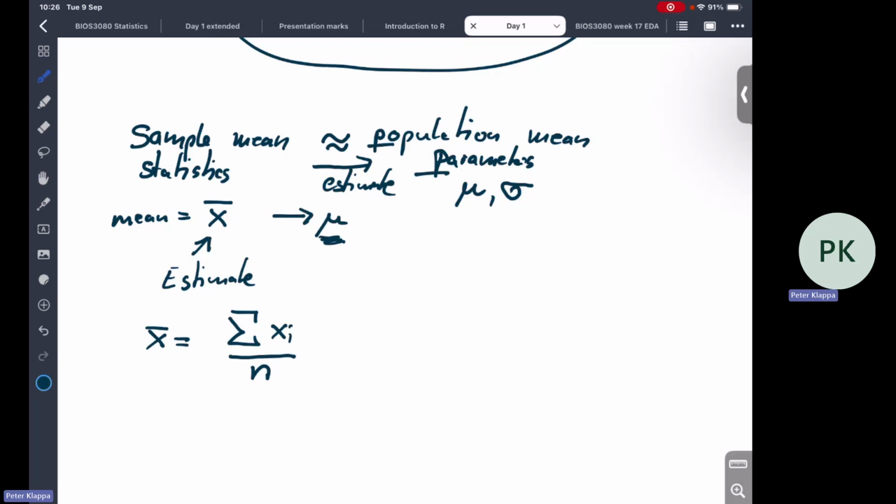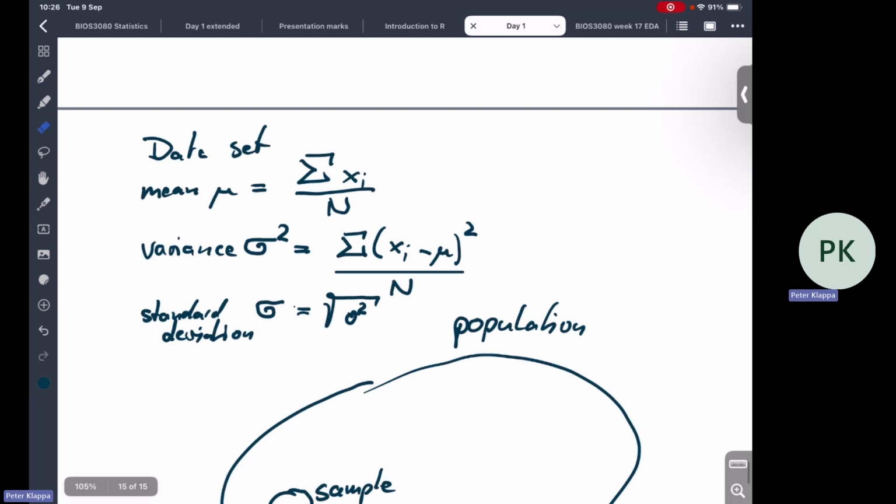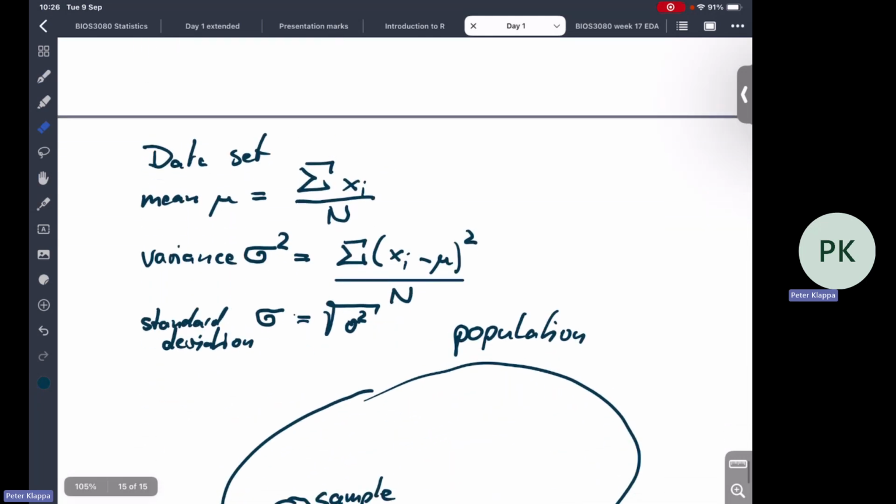It's exactly the same equation that I had up here, only that I called it mu up there, because yesterday 1, 2, 3, 4, 5 were all the data that we could have. We basically treated that as a population.